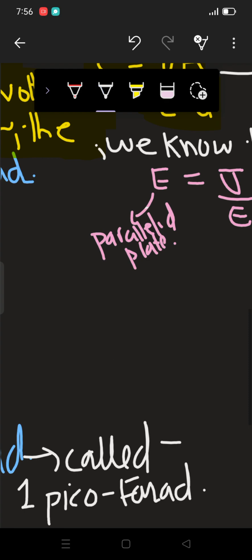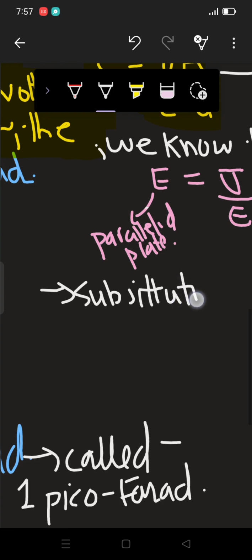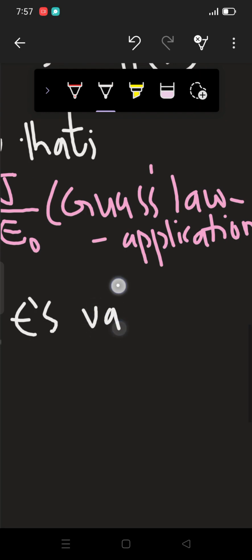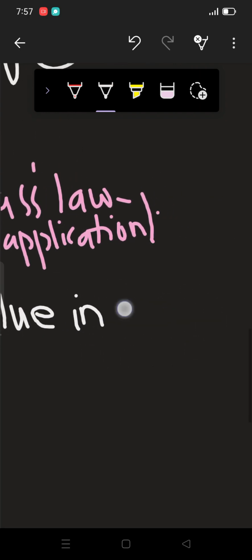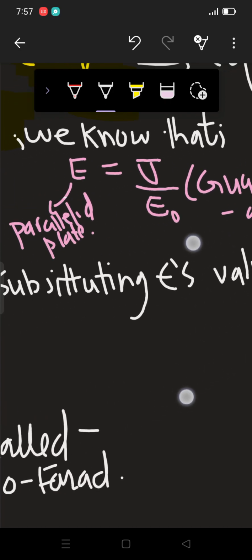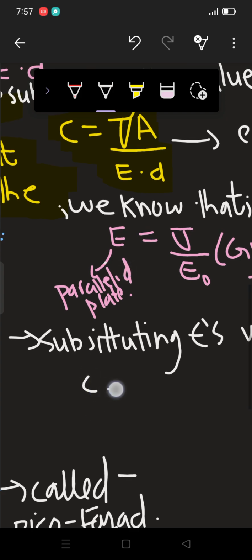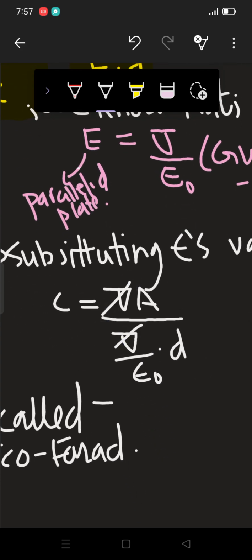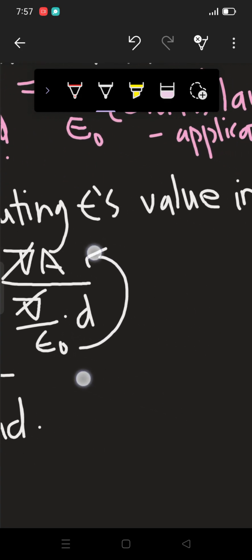Now substituting E's value in equation 3, we get C is equal to sigma into A per unit, and instead of E we write sigma upon epsilon naught into D. Sigma cancels with sigma, epsilon naught goes up and gets multiplied.